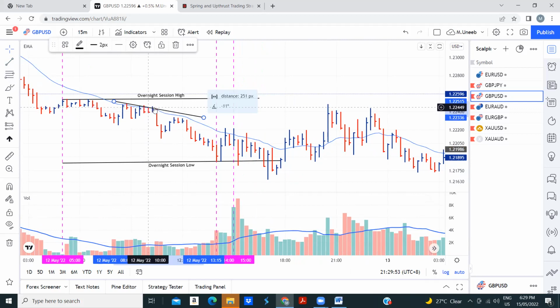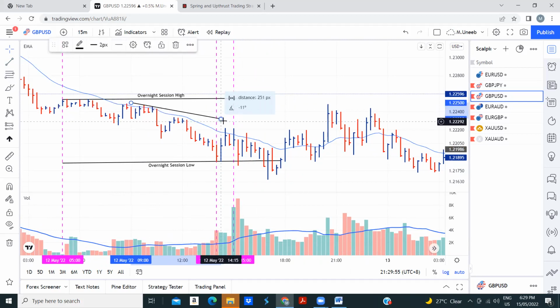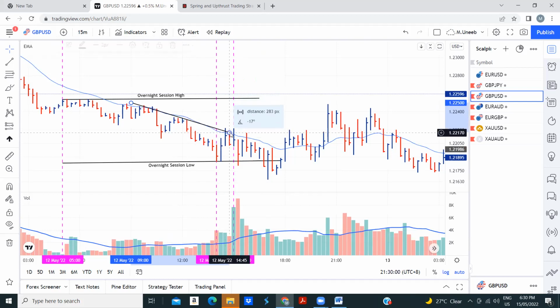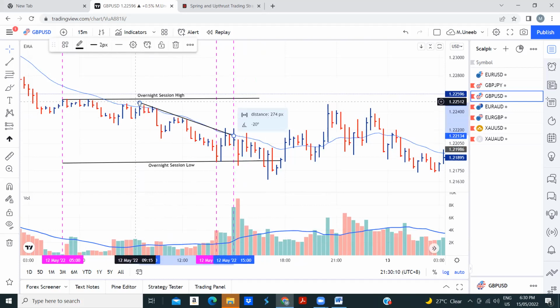These two are very close, so we can just draw from here, right? The second point we can draw just before London open. Before then we draw this structure and trend line.